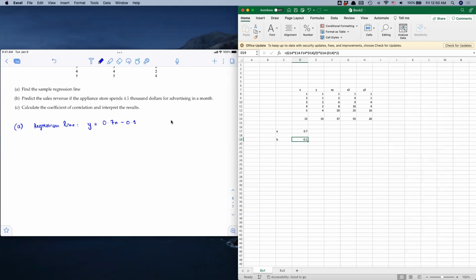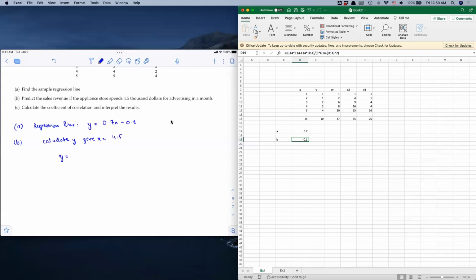Now we're going to use this model to predict the sale revenue if the appliance store spends $4.5 thousand for advertising in a month. So what we're going to do is calculate y given x equal to 4.5.